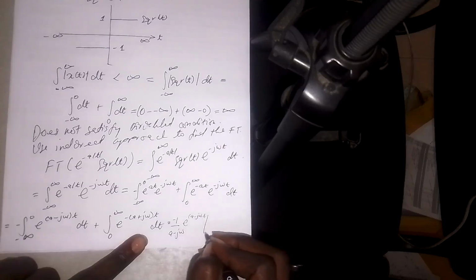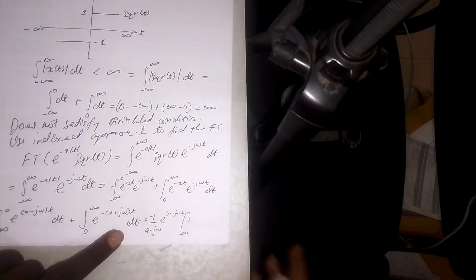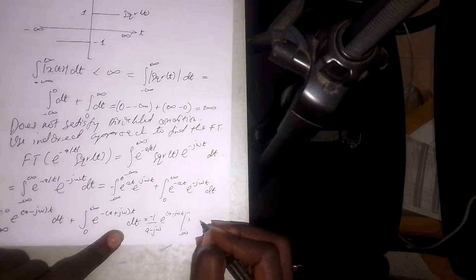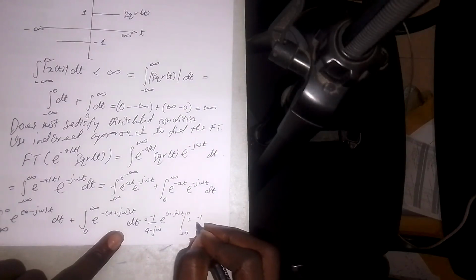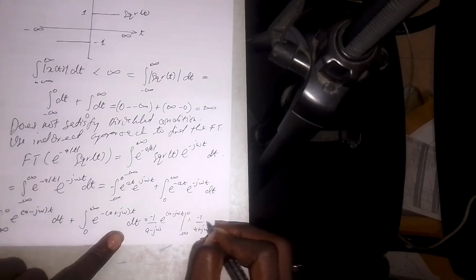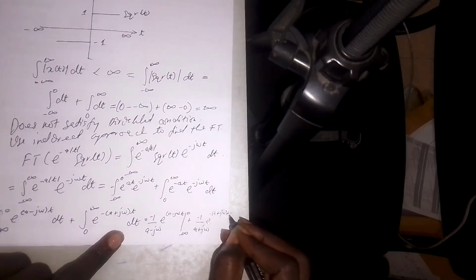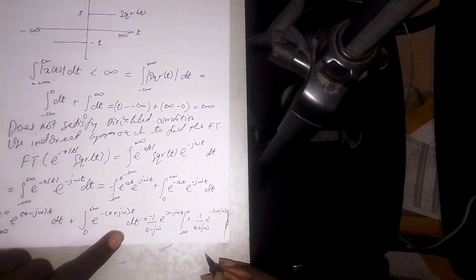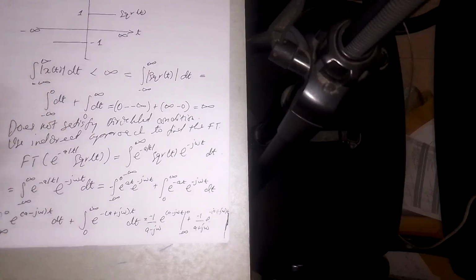Here the limits are minus infinity and 0, plus what I'm going to get here: plus minus 1 over a plus j omega into e exponent minus a plus j omega t. Here the space is limited for me to write my limits, so let me continue on another page.